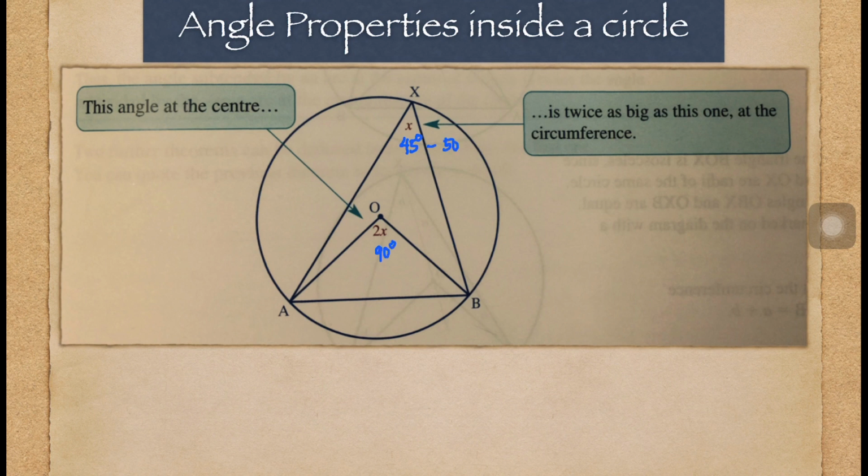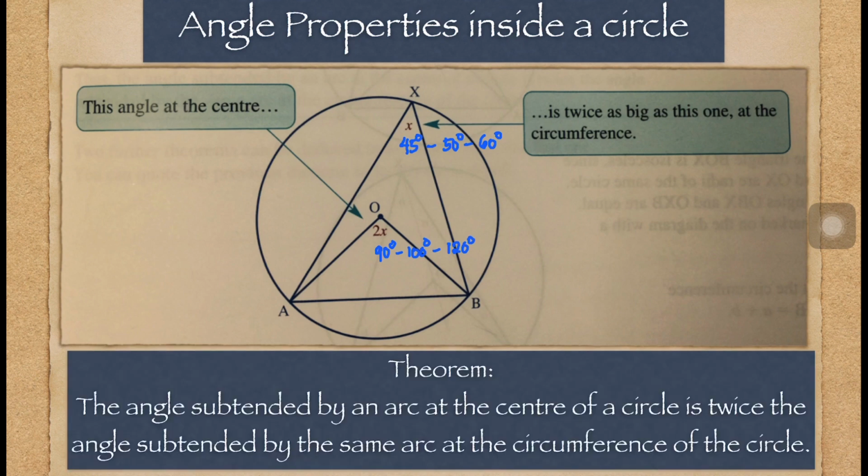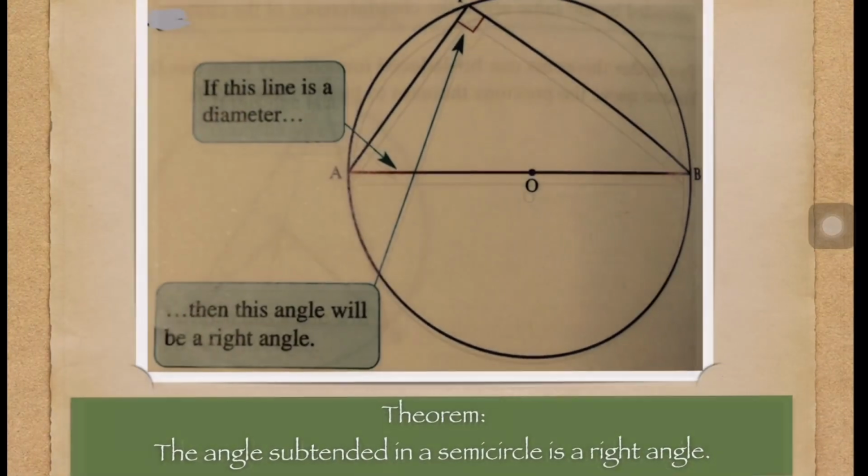Otherwise, if this is equal to 50, then the other value is equal to 100. If we give the value of O as 120, what do you think is the value of X? That's equal to 60 degrees. So don't forget this theorem: the angle subtended by an arc at the center of a circle is twice the angle subtended by the same arc at the circumference of the circle.